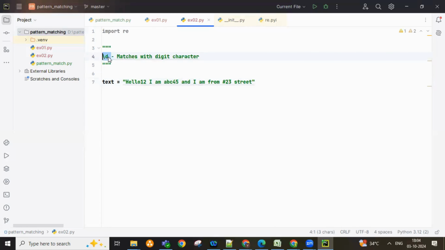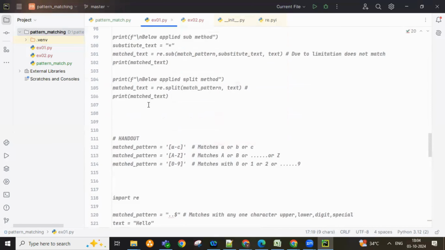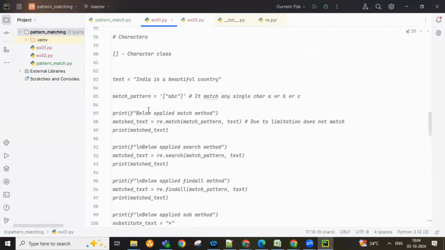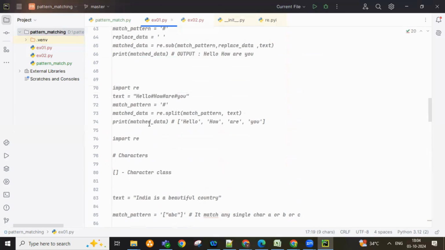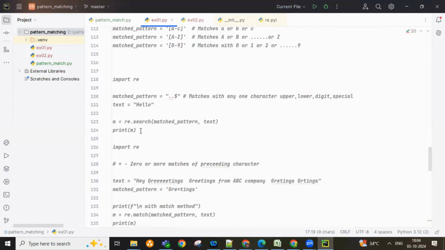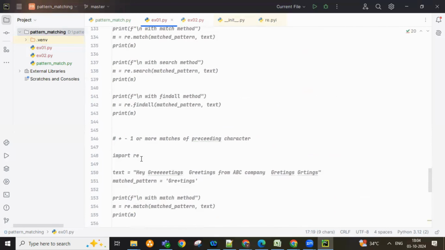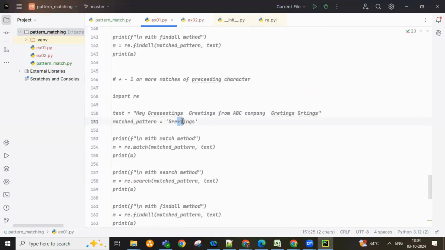A single slash d means, as in yesterday's examples, you understood that when we use plus or star, plus means one or more occurrences, and star means zero or more occurrences.